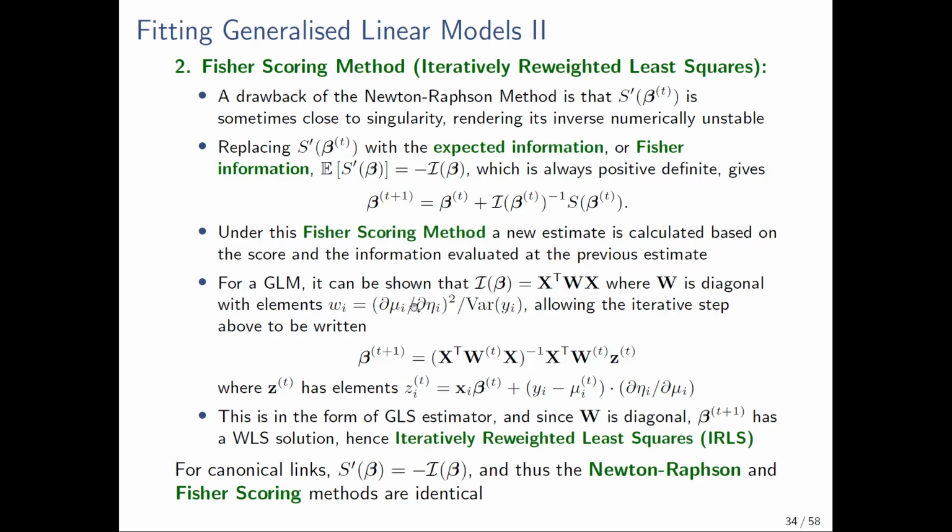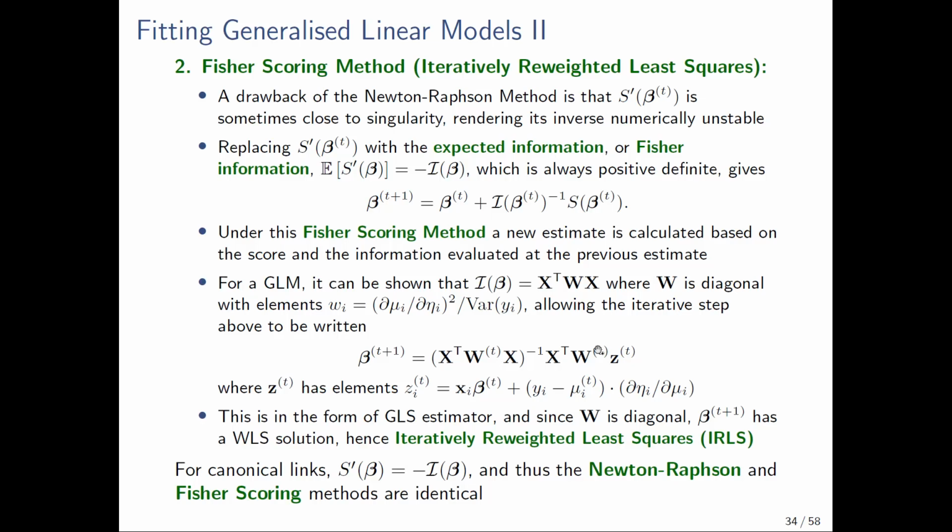For a GLM, it can be shown that the information takes the form X transpose W X, where W is diagonal with elements given by the squared derivative of μ with respect to η divided by the variance. This allows the iterative step to be written as (X transpose W X) inverse times X transpose W z, where z is a working response constructed from the current linear predictor plus a scaled residual.